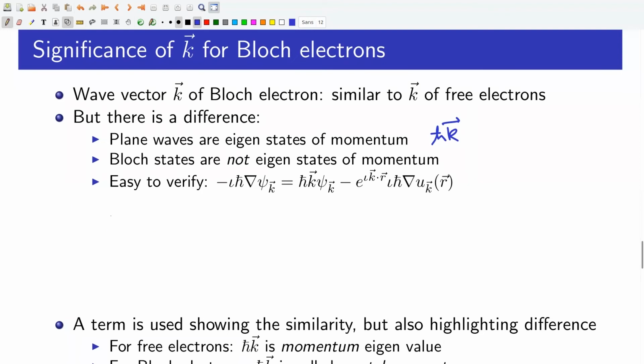So, Bloch states are given by psi of r is equal to e power i k dot r times u of r. Now, I write the momentum operator in 3D, minus i h bar times the gradient operator, and then this operates on psi of r.